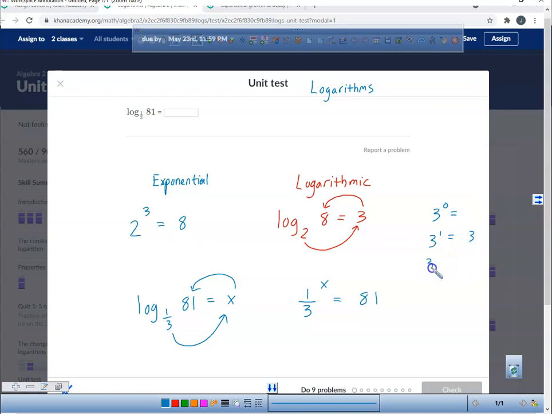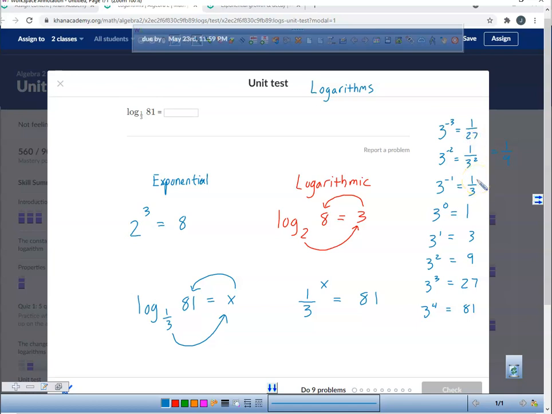Does anybody know what 3 to the power of 1 is? 3. Does anybody know what 3 squared is? 9. 3 cubed, 3 times 3 times 3 is 27, and 3 to the power of 4 is 81. 3 to the power of 0 is 1. 3 to the power of negative 1 is 1 over 3. 3 to the power of negative 2 is 1 over 3 squared, which becomes 1 over 9. 3 to the power of negative 3 is 1 over 3 cubed, which becomes 1 over 27.